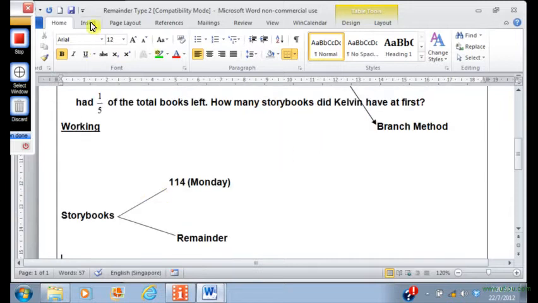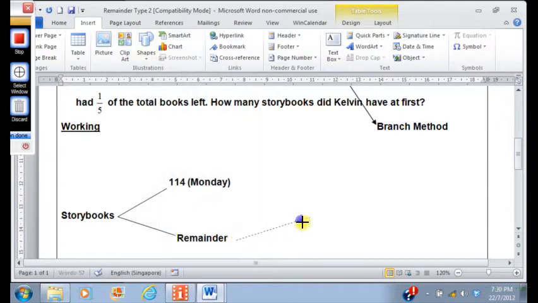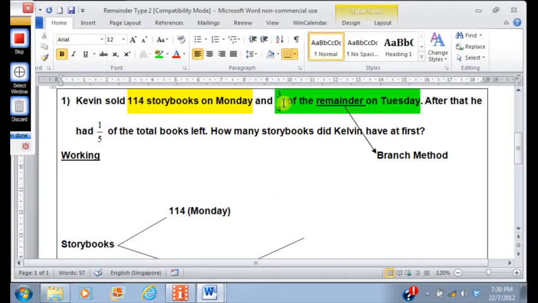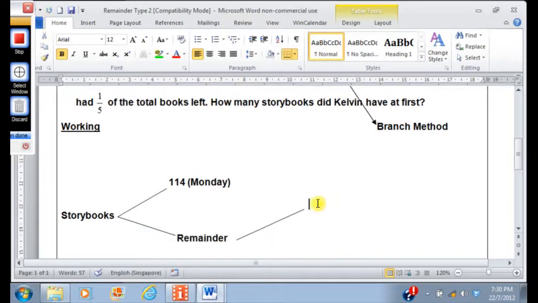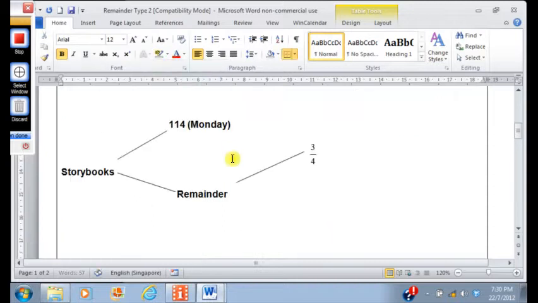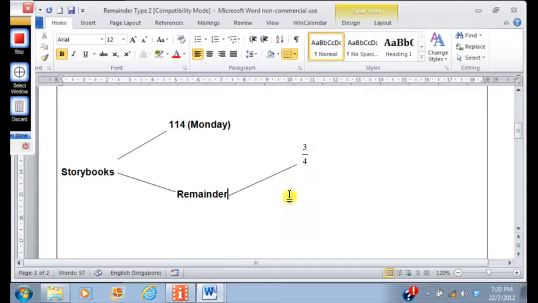So I'm going to branch out again from the remainder. Now this remainder got no fraction. I'm going to branch out again, and I know that this is three-quarter, right? As I told you before, now we have a fraction.